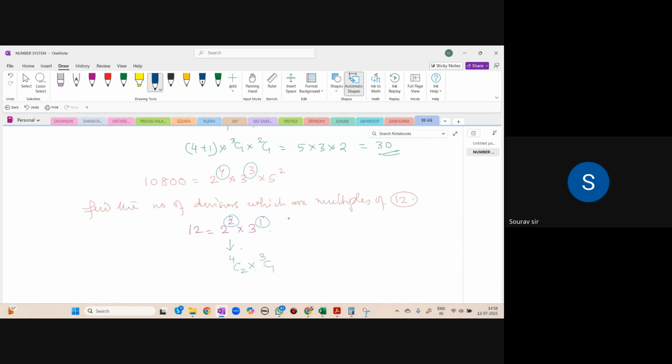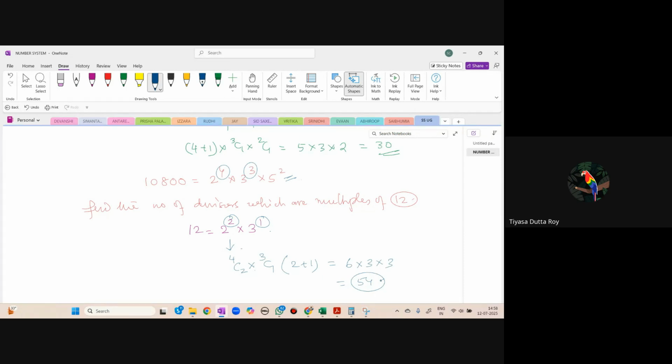And with that, you can have any number of 5s, so into (2 plus 1). 4C2 would be 4 into 3 by 2, which is 6, into 3 into 3, which is 18 into 3, 54.